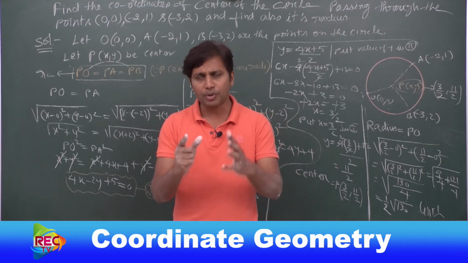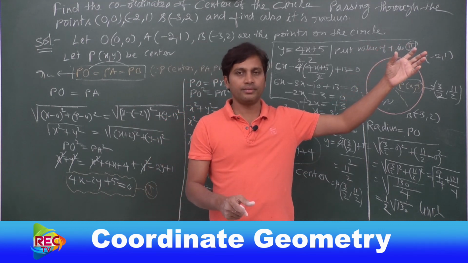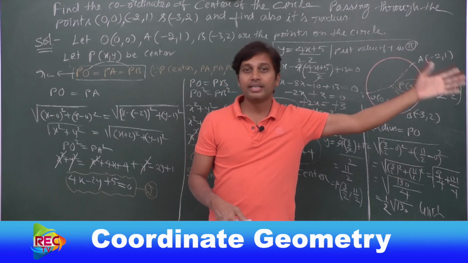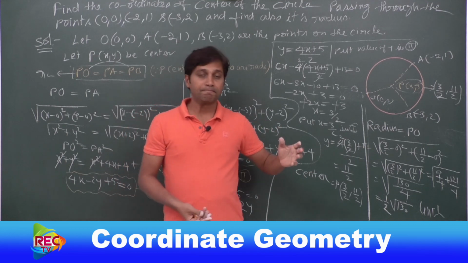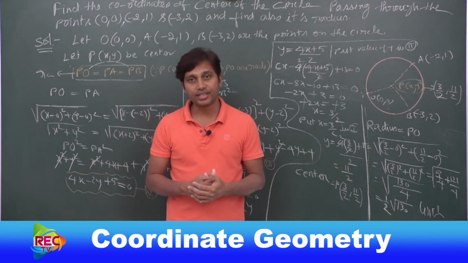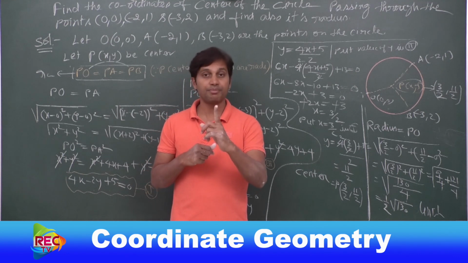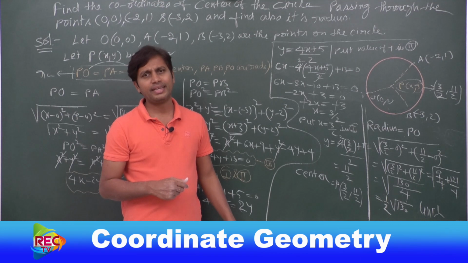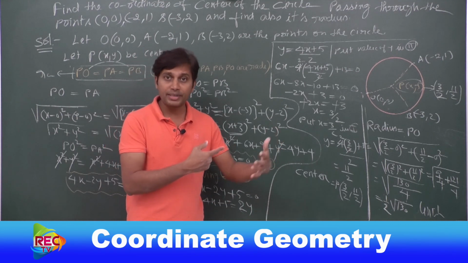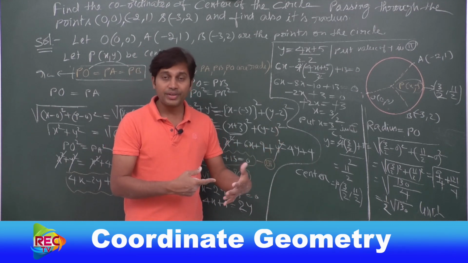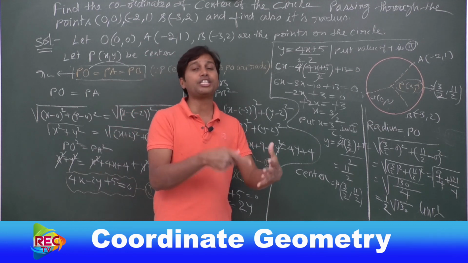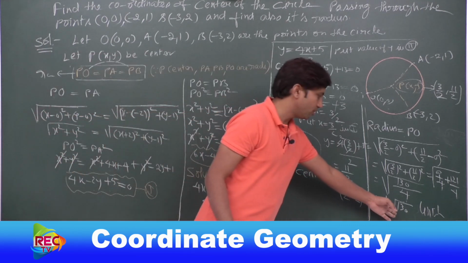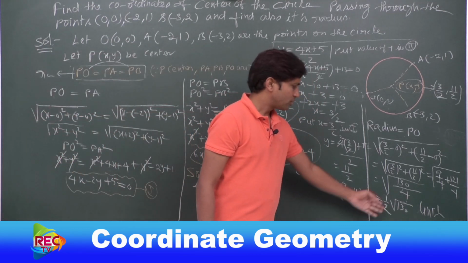All the remaining properties we are extracting from plane geometry: triangles, circles, quadrilaterals and remaining figures. So plane geometry is such an important topic. To solve all the problems of coordinate geometry, taking properties of plane geometric figures, we can apply the formulas of coordinate geometry to solve problems like this. Understood or not? Anyways, 1/2 into root 130. Like this we can solve it.